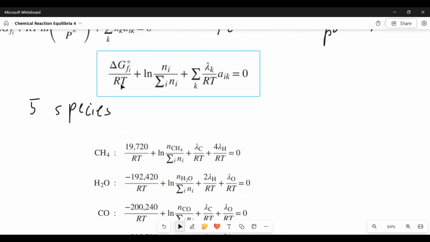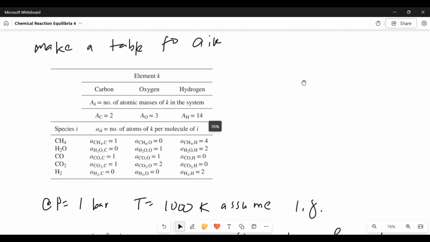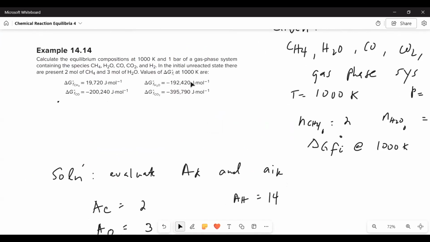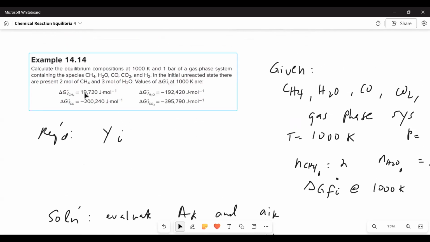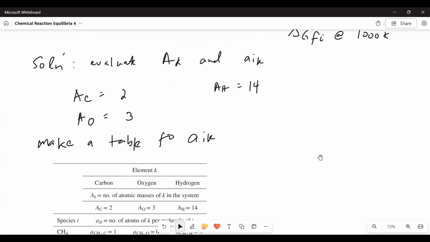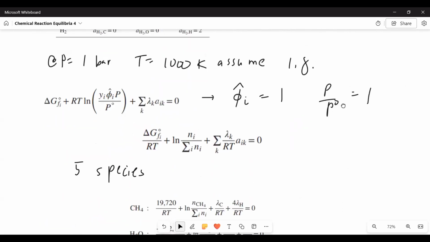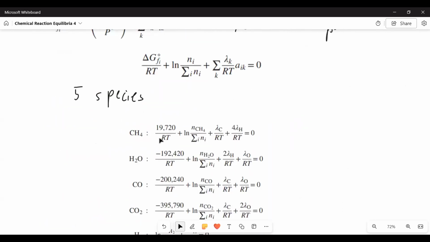The first term is the delta G of formation at standard pressure, and that is already given to us in the problem right here. Delta G of formation of methane, so we input that into our equation right here, divided by RT, plus the natural log of the number of moles of methane over the total number of moles.